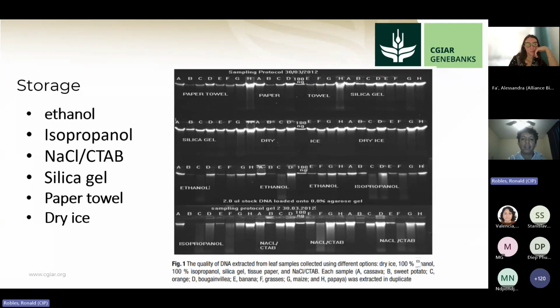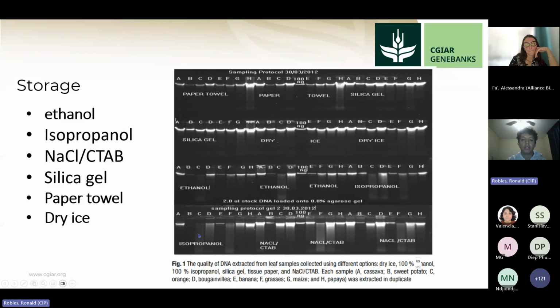After applying the same DNA extraction protocol for each method of storage of the tissue, they looked at the results, the quality of the DNA extracted.